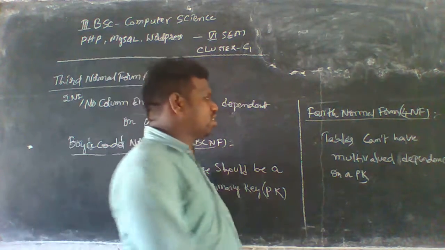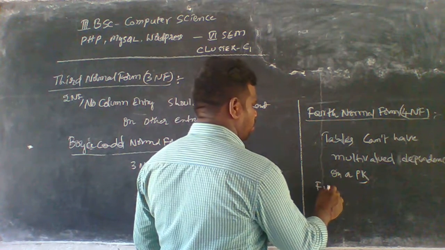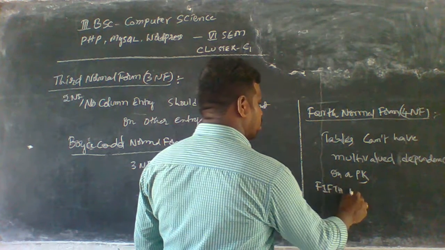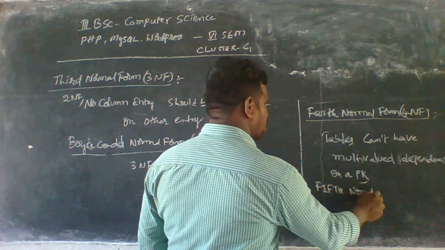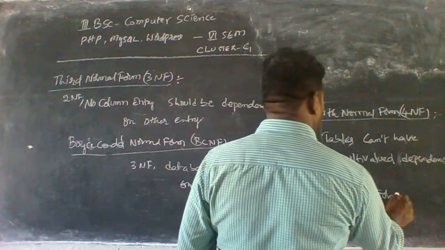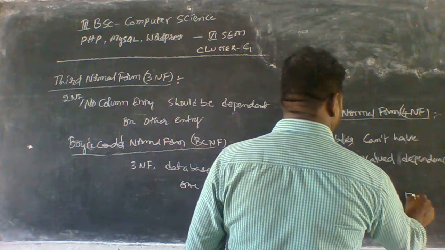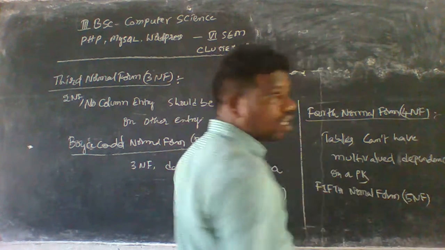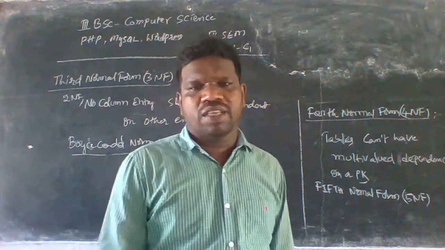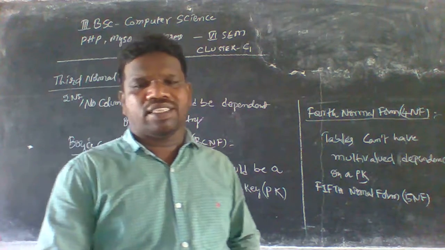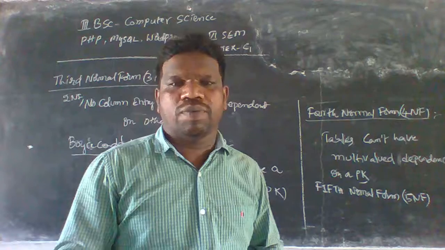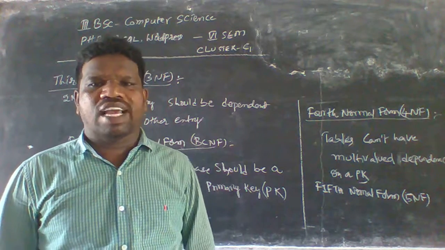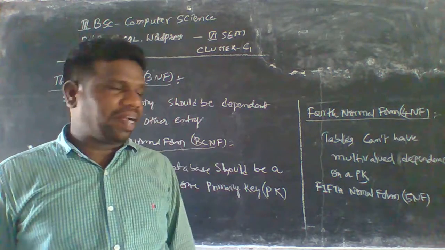And the last one is called the fifth normal form. It is said that a composite key should not have any cyclic dependencies.